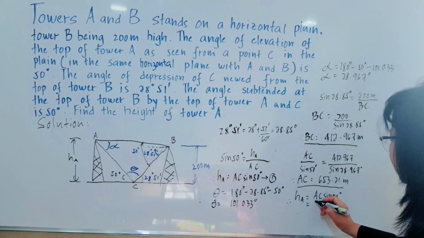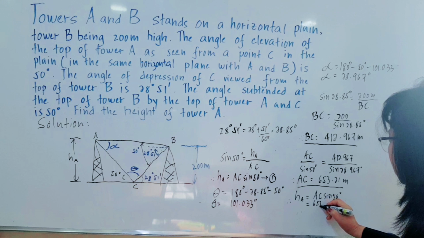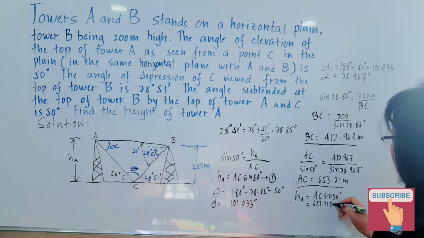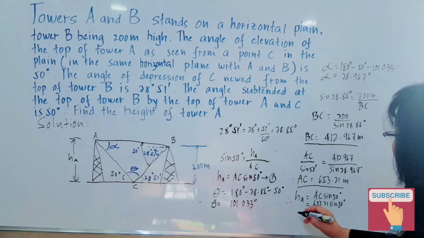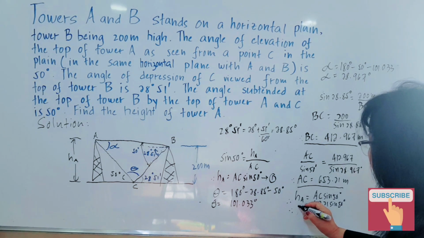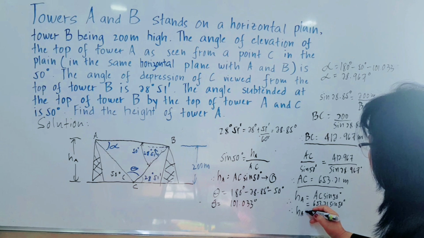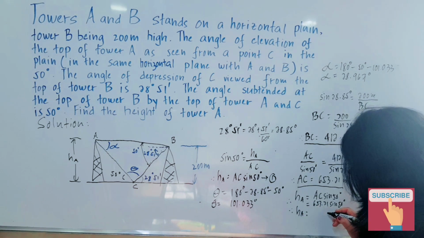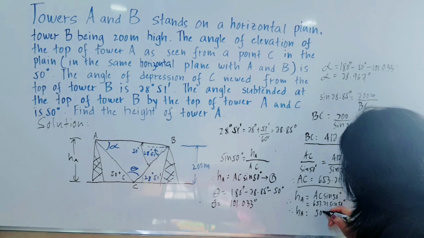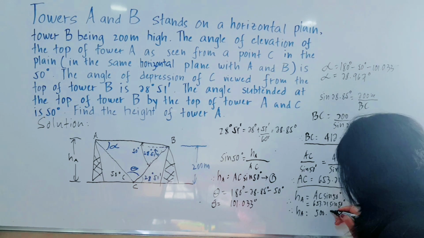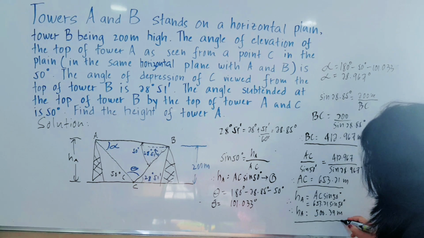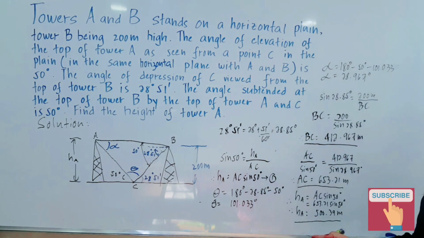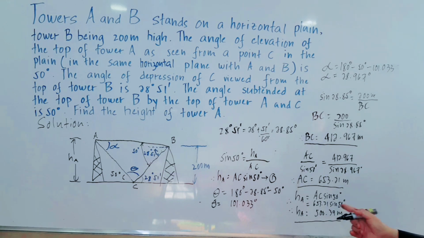AC, which is 653.21, sine of 50 degrees. The height of the tower, therefore, is equal to 500.39 meters. Yan ang hinahanap natin, the height of Tower A.